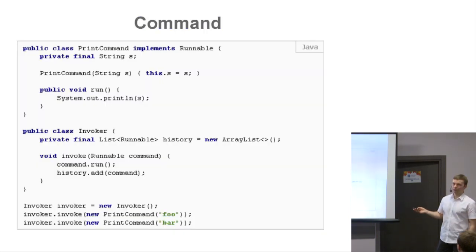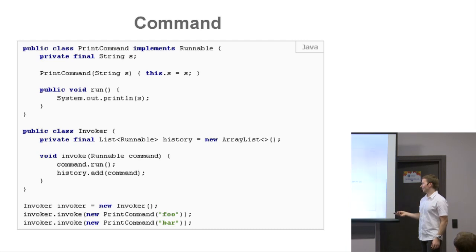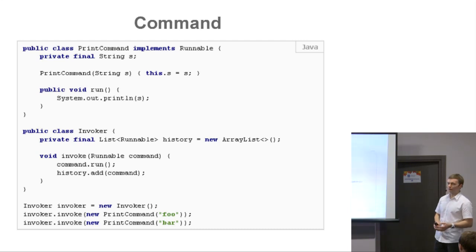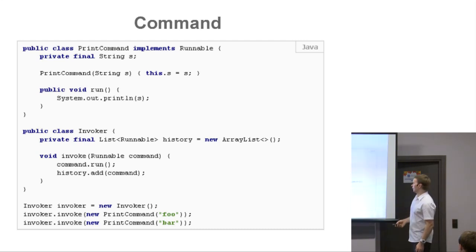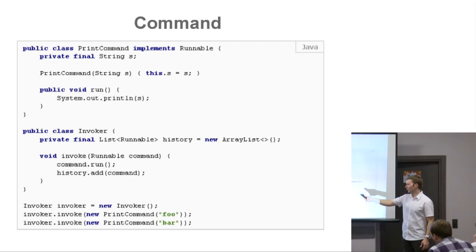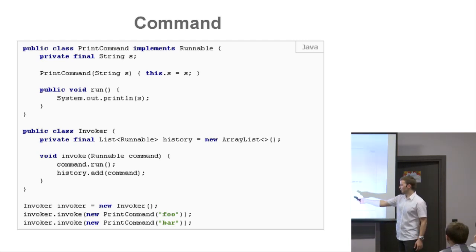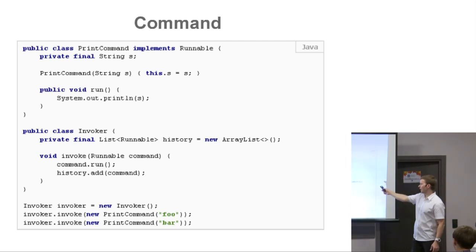In Java, of course, that is done by wrapping our method call into a class or closure, and so we can pass our instance of command to an invoker that can run our command and add commands to the history list.